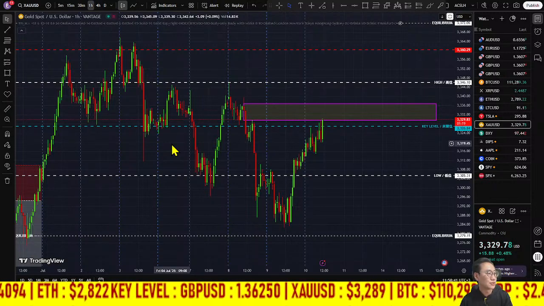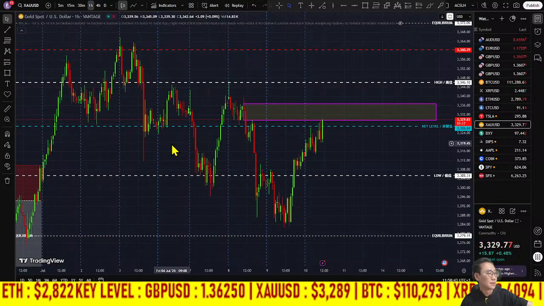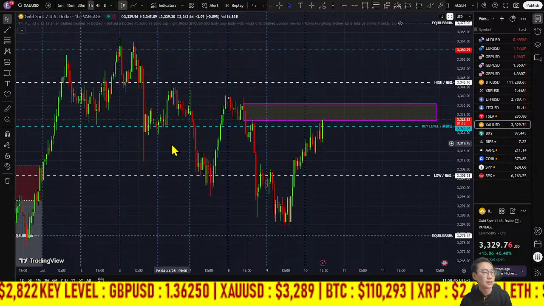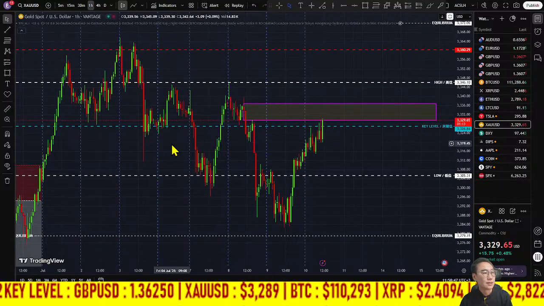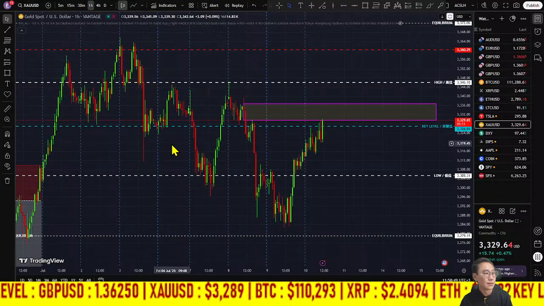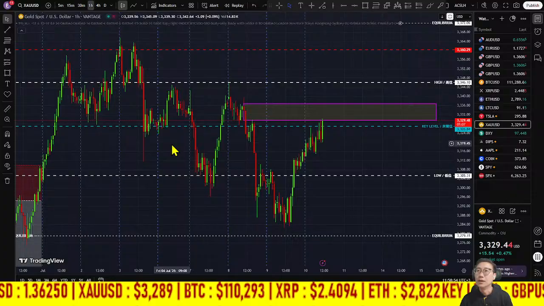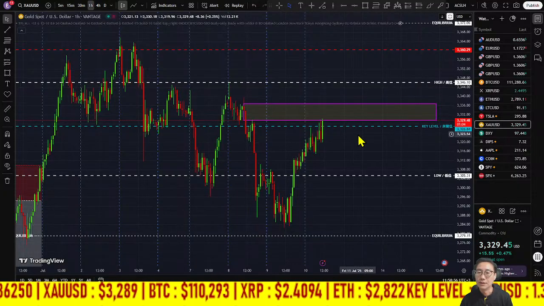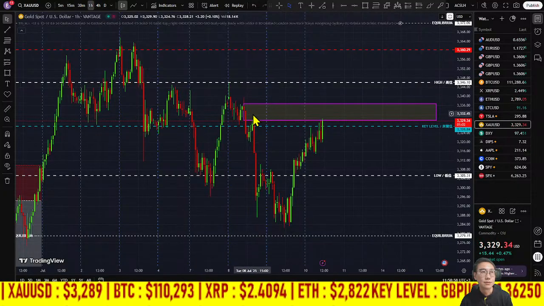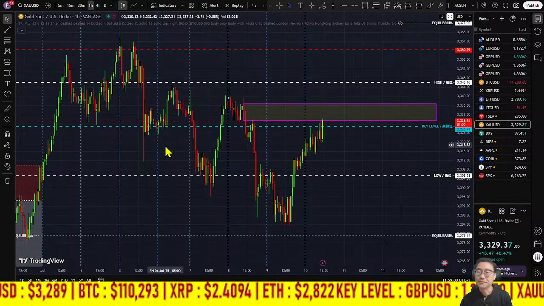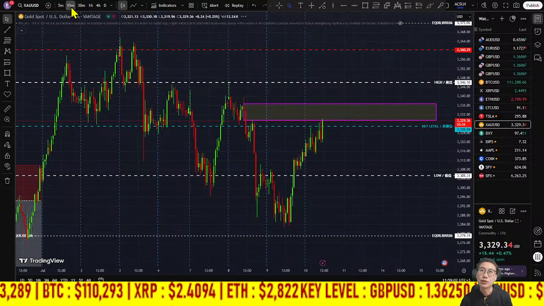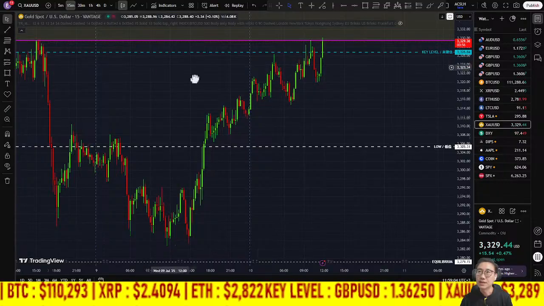I think there's something interesting here. Let's take a look at the gold in the 15 minutes time frame.